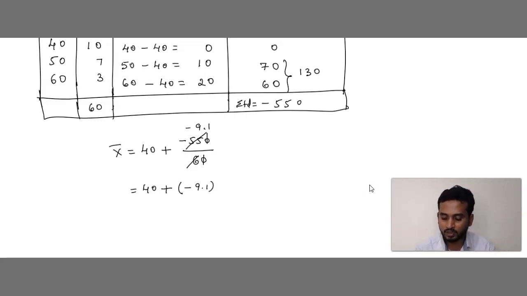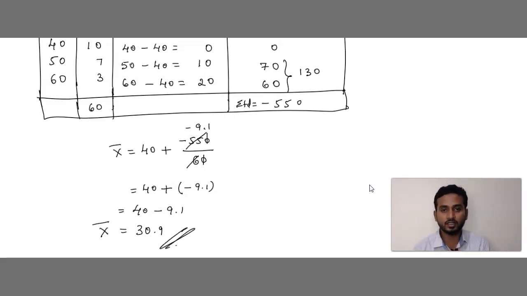So this is minus 9.1. 40 minus 9.1 is nothing but 30.9. This is x bar. There we got 30.8. No problem. After the decimal, one or plus or minus 0.1 or 0.2, it can vary. No issue. So the final answer of the mean is 30.9 using the assumed mean method.